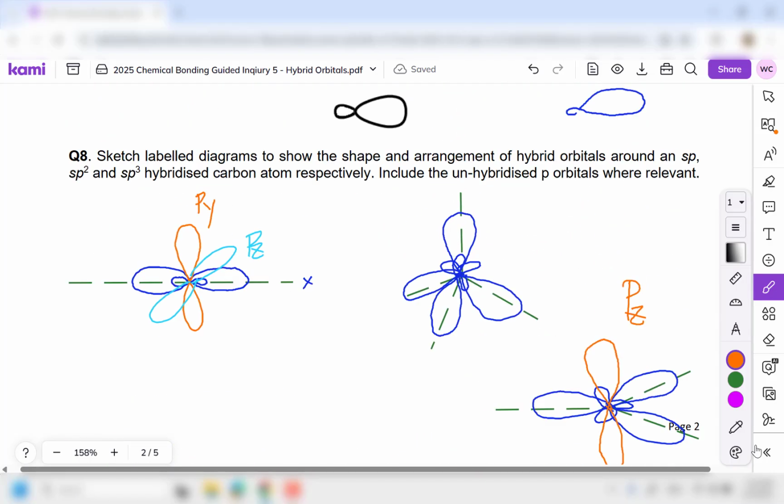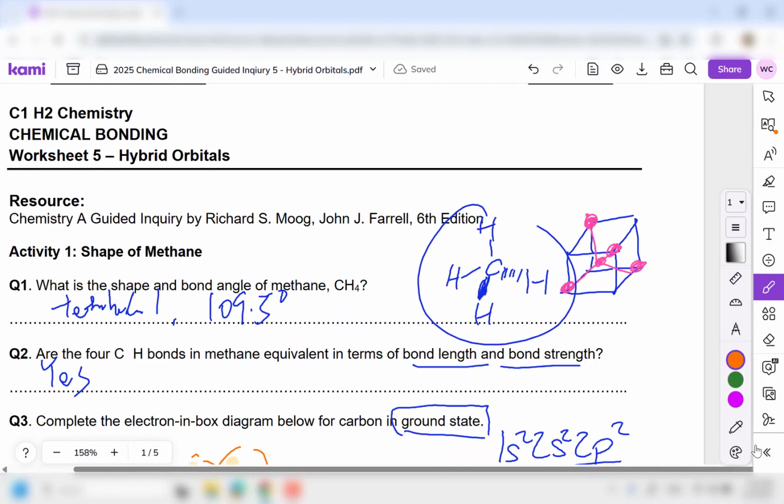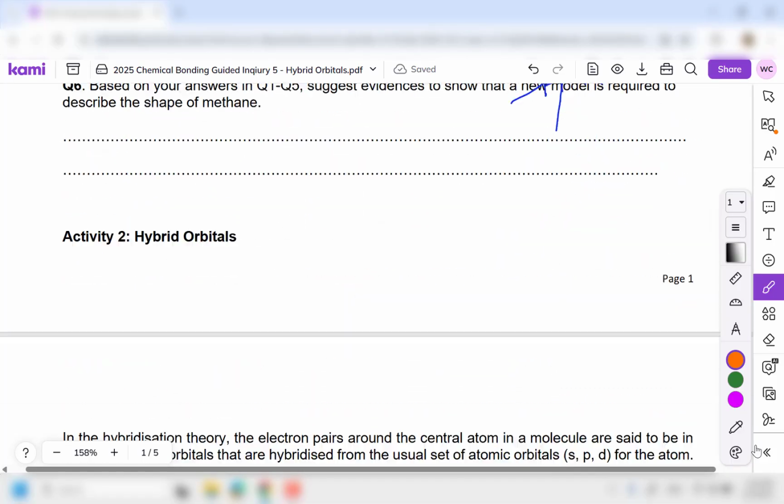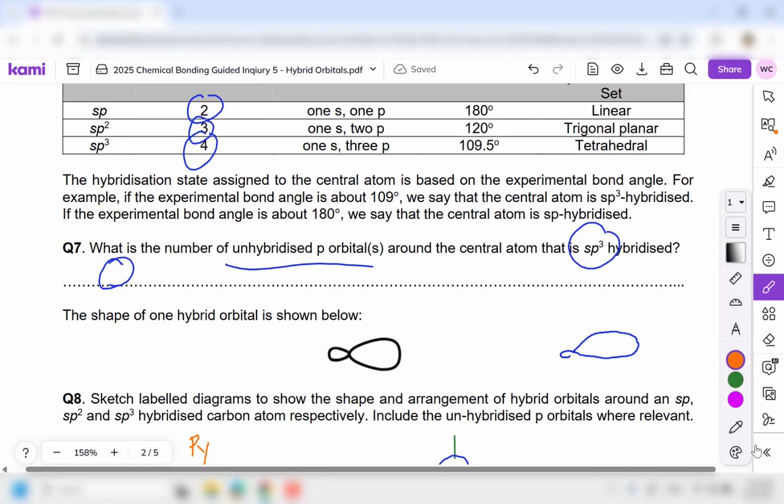You notice that for methane, the central carbon has four single bonds and no pi bond, so it's sp3. For ethene, which looks like this, the carbon has three single bonds and one pi bond, so that means it's sp2.